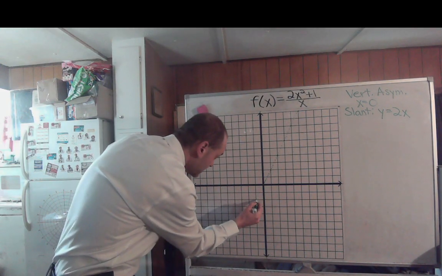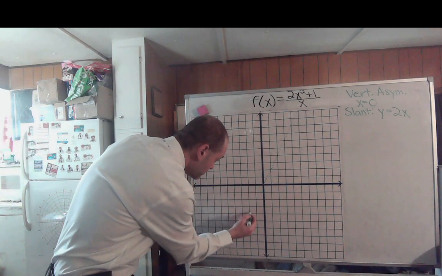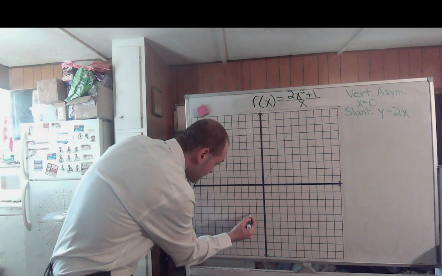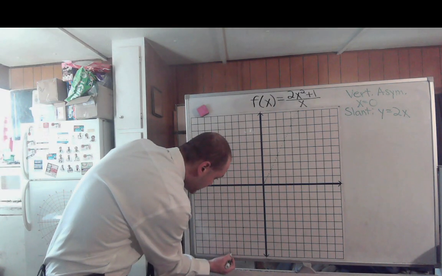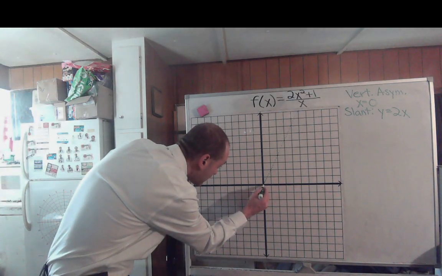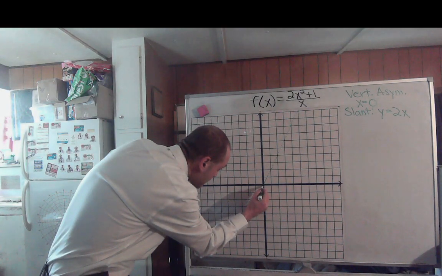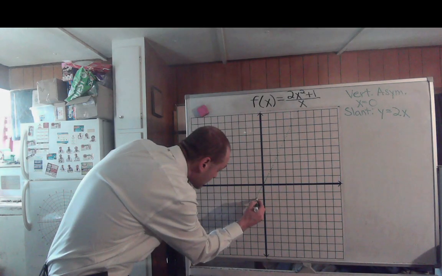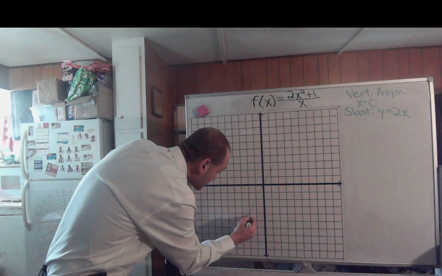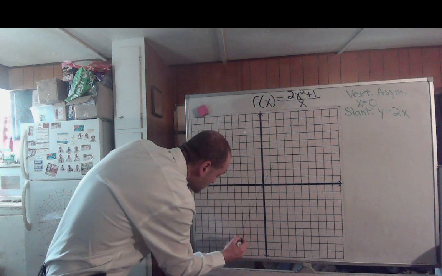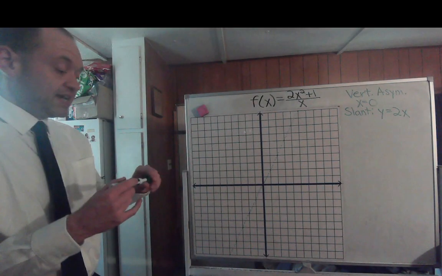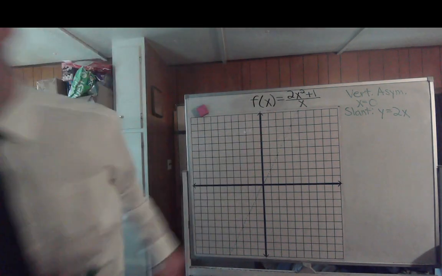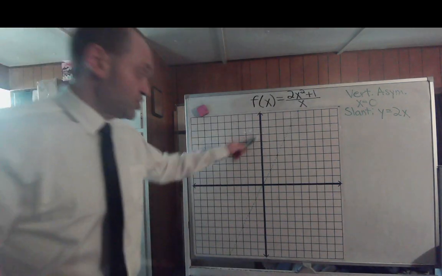Negative 1, negative 2, negative 2, negative 4, negative 3, negative 6, negative 4, negative 8, negative 5, negative 10. Okay. So now you see that slant asymptote in the dotted green. You see what just happened there.